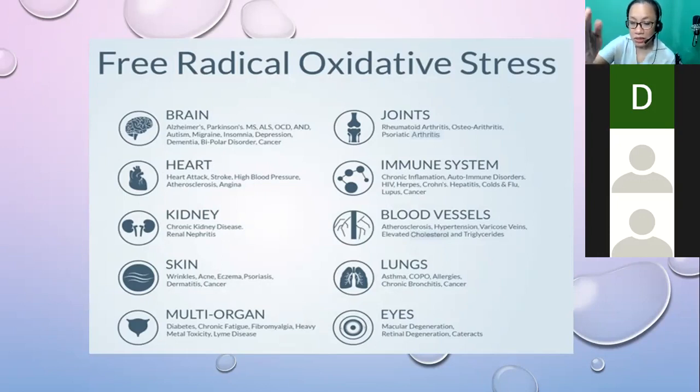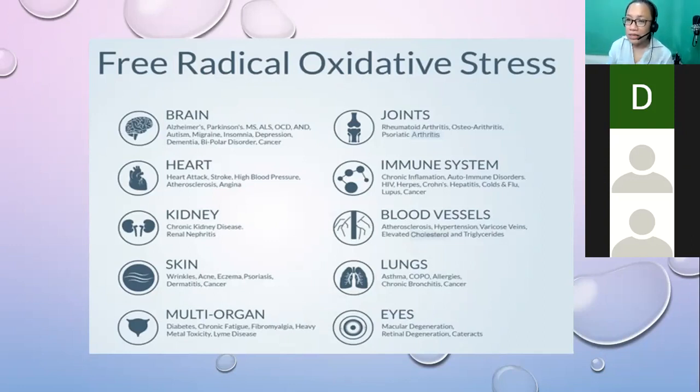In the same way with the other organs here, for example in the heart, if you have a lot of free radicals, it can contribute to the accumulation of plaques. It can contribute to the depletion of arginine that decreases the elasticity of the blood vessels. Kidney, it can contribute to inflammation in the kidney.